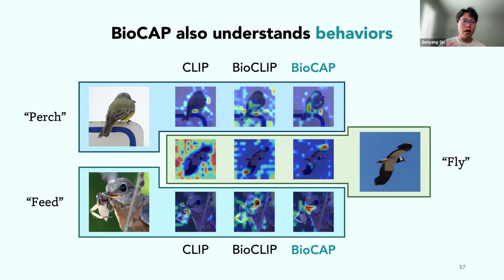So by using these very detailed descriptions, this model has a much better understanding of different biological concepts. And that's how we show that its good performance comes from interpretable concepts. It'll be less of a black box for scientists because we know that it's more interpretable.